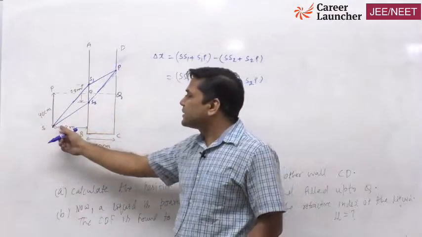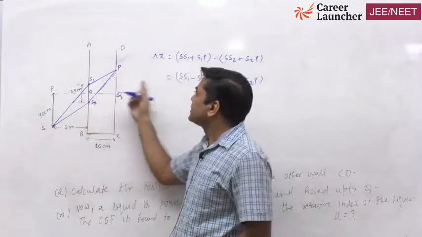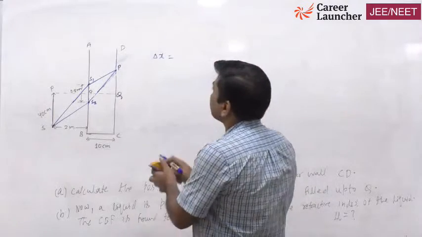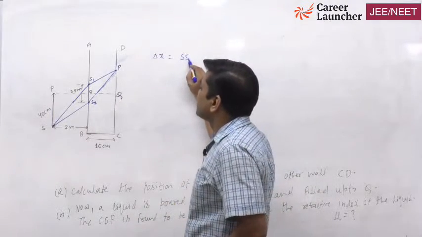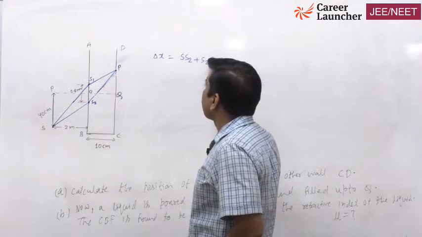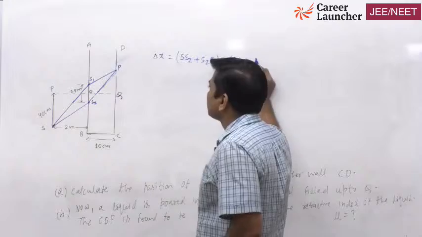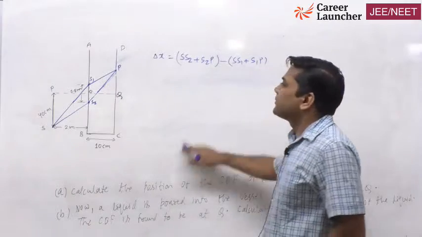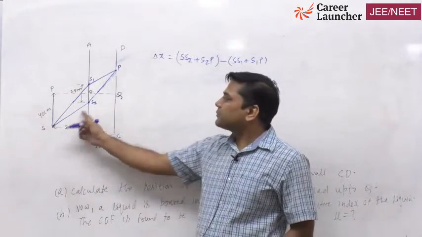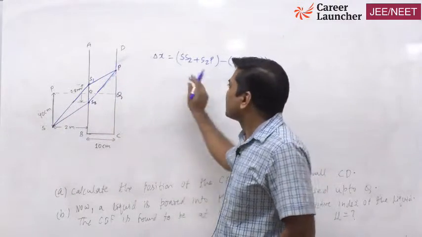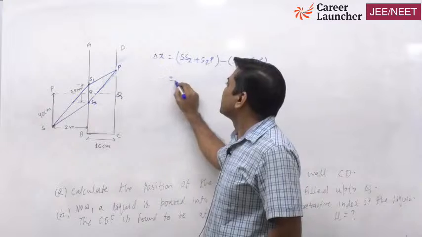This length is longer than this, so I'll correct it. I'll write this as first SS2 plus S2P minus SS1 plus S1P. Why am I doing that? I told you that this path must be longer to compensate that it has gone up, so this term is more than this.